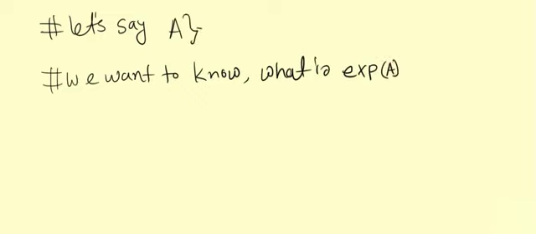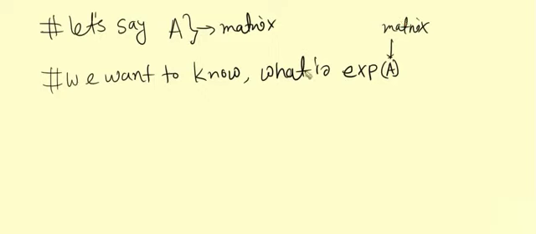So let me just write that down. This here is a matrix, not a variable, not a number. So the exponential function will now take a matrix as its argument.